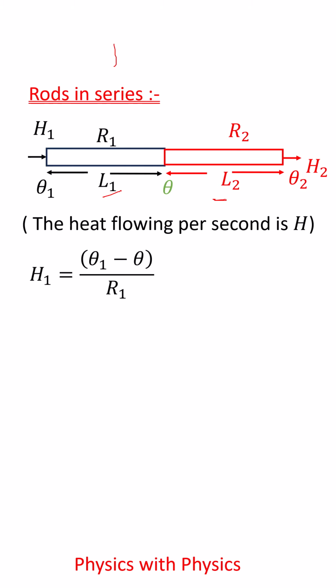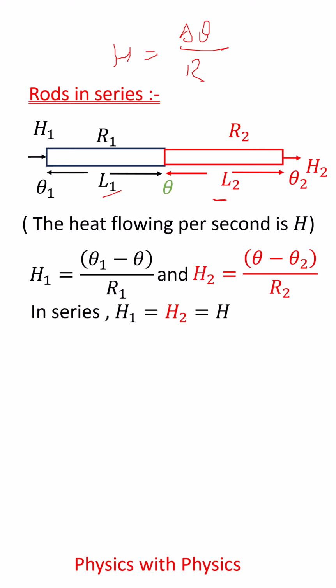H equals del theta by R. That's why H1 equals (theta 1 minus theta) by R1, and H2 is equal to (theta minus theta 2) by R2. In series combination, like the same current flows in series combination, similarly the same amount of heat energy passes in the series combination. That's why right here H1 equals H2 equals H.